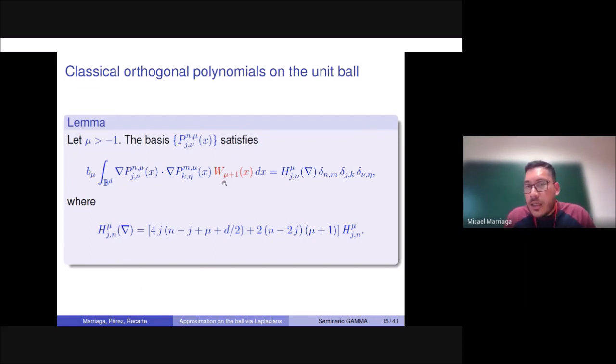It is instead mu plus 1. And here the norms are related to the classical norms because they are just multiples of the classical norms. And here the multiplication factor is given by this expression.